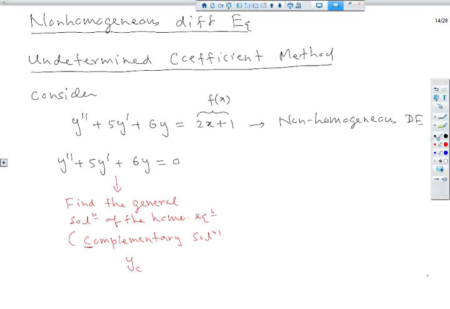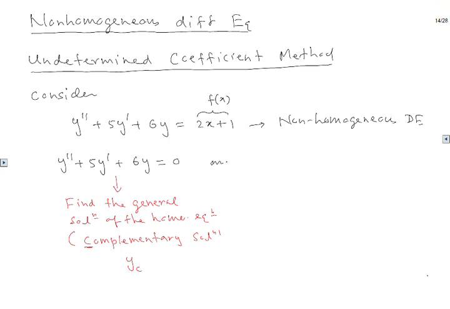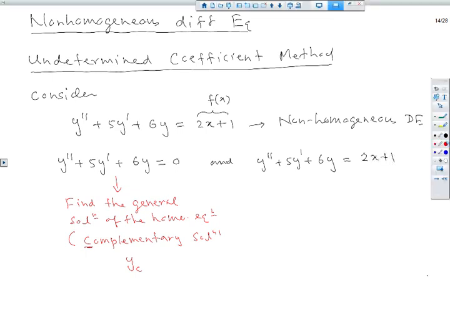Then we're going to find just one solution to the non-homogeneous equation. We're going to consider that non-homogeneous equation again, the original equation. One solution is enough, just one solution to this part. That's what we normally call the particular solution, like a special solution.